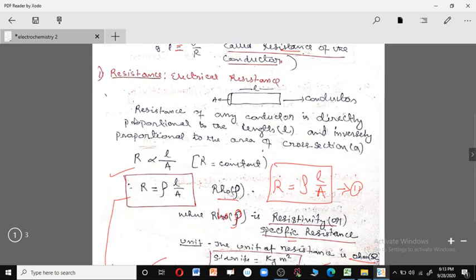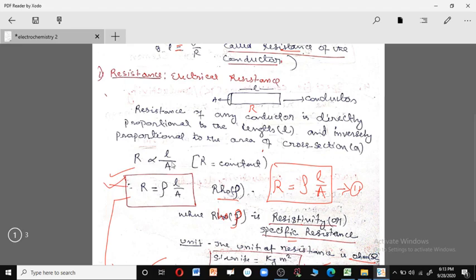This resistance, when the electric current is passed through the conductor, is directly proportional to the length of the conductor and inversely proportional to the area of cross section. So R is equal to rho L by A, right? This is the resistance or electric resistance formula.